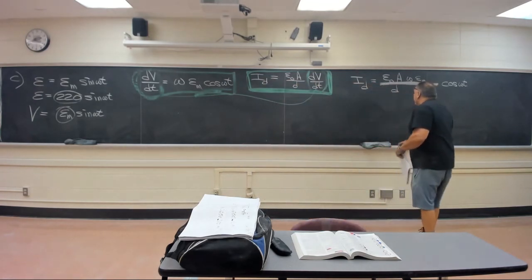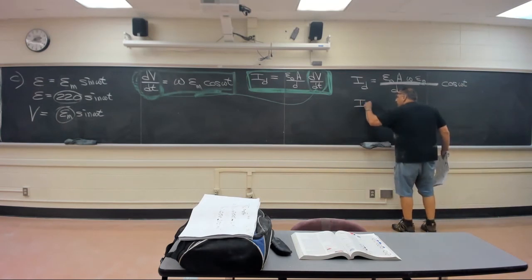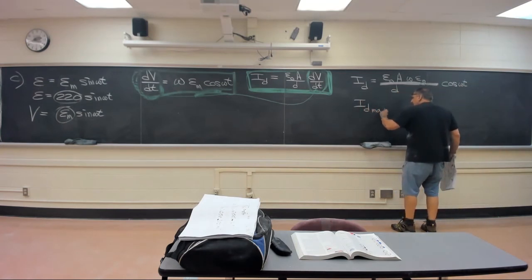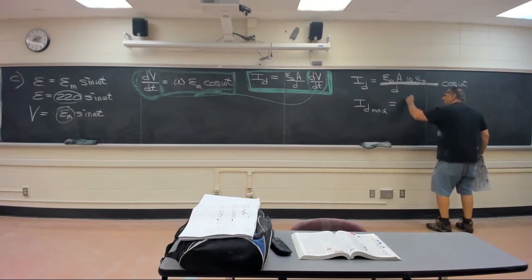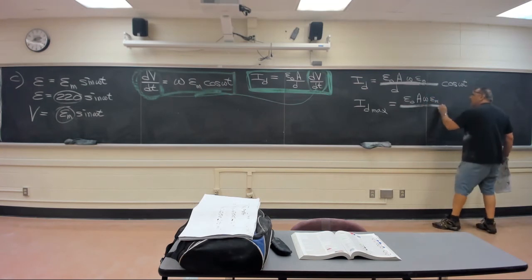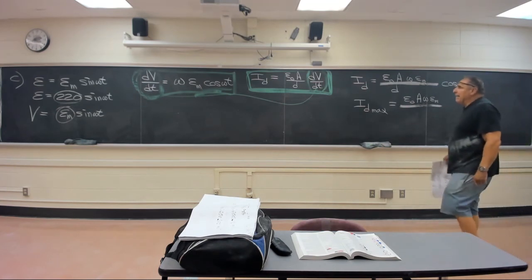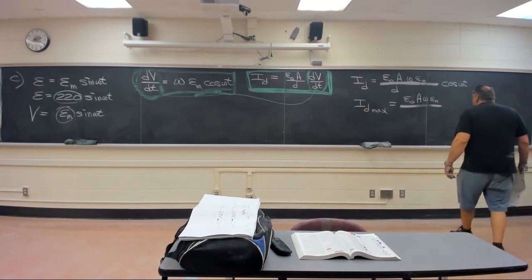Is there a place where it's at its max? Sure there is. I_D at its max is every single item here, which is a constant. I can't really do much with it. I worked the A to be the maximum area of the entire situation that was present. That's how I was working it.